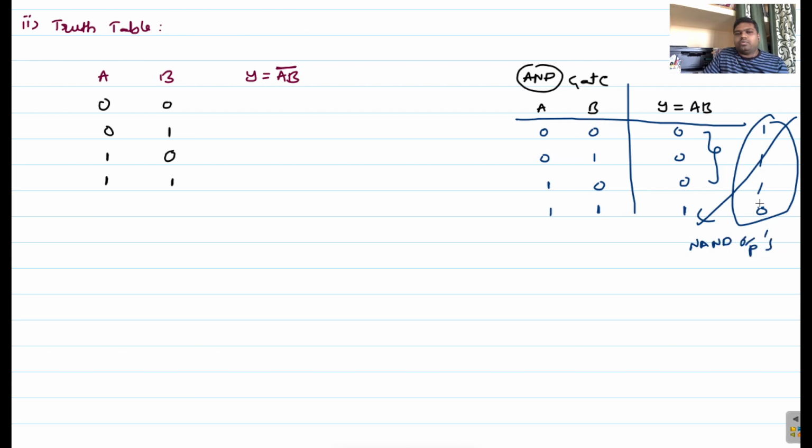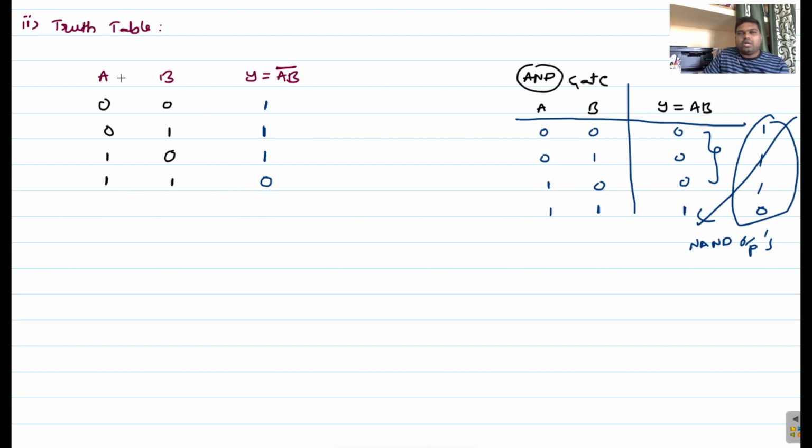Once you check the first possibility 0 0, the product of AB is 0, and the complement of that product equals 1. In the same way 0 into 1 gives product 0, complement is 1, and 1 into 0 gives product 0, complement is 1. And 1 into 1 gives product 1, complement of that product equals 0.